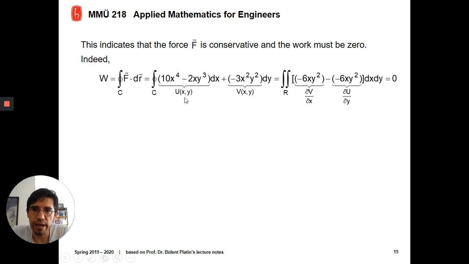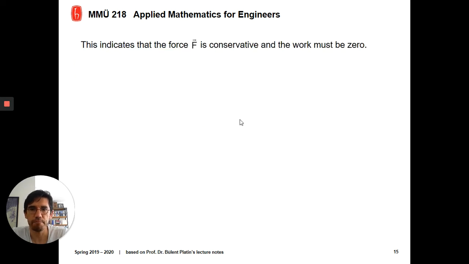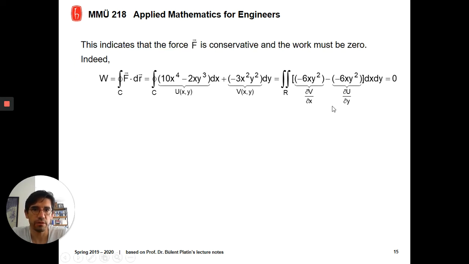I could add these up and just see. Okay, this is the divergence form, obviously, right? Or let me look at this. Yes, this is the curl form. Sorry. Second component by x minus the first component by y.